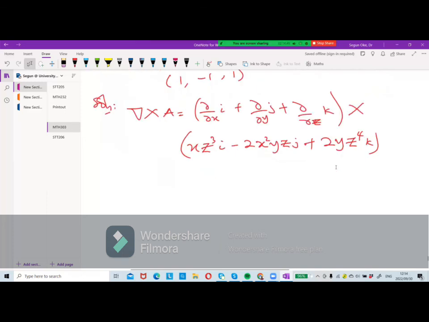So I can go ahead and solve the problem by putting it here, i, j, and k, d/dx, d/dy, d/dz. So this one will be what? xz^3, minus 2x^2 yz, 2yz^4.